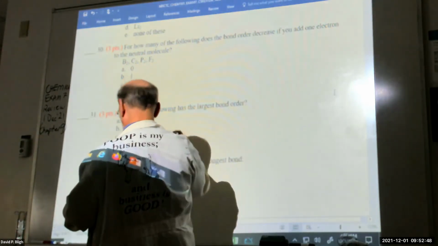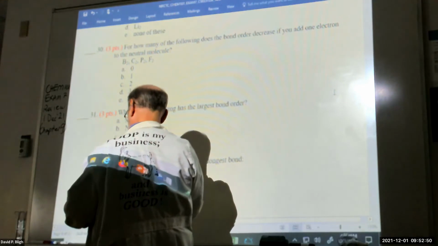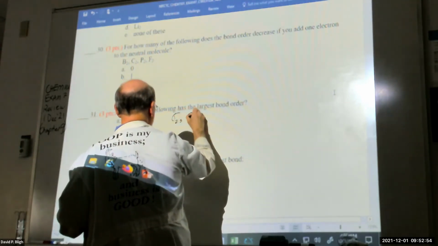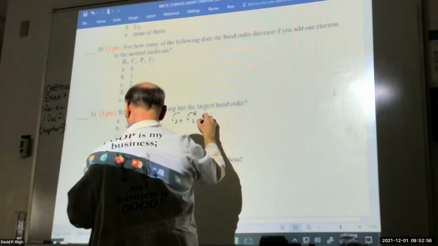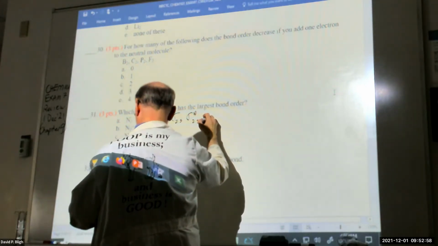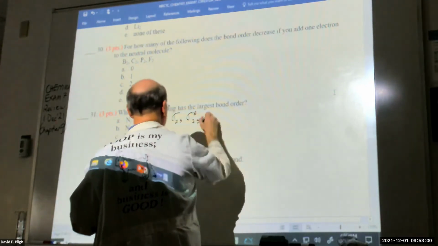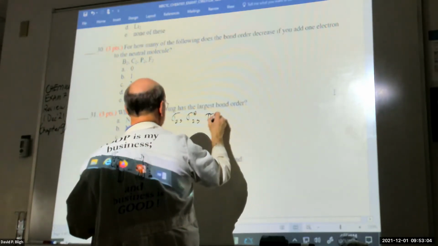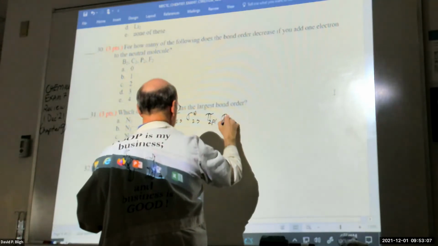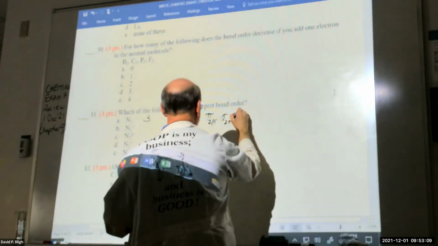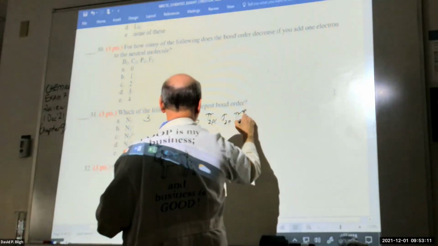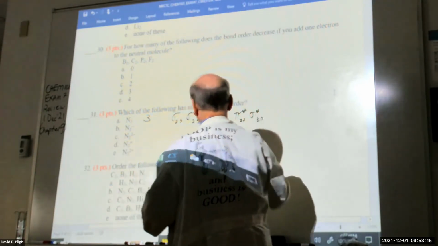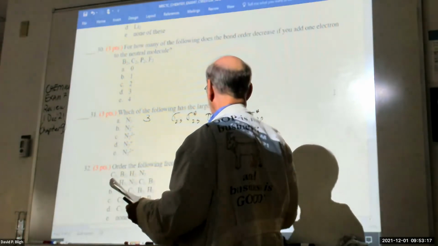For this one, it would be sigma star. Then we would have pi 2p, sigma 2p, and pi star 2p, and then sigma star. I think that's going to cover all.